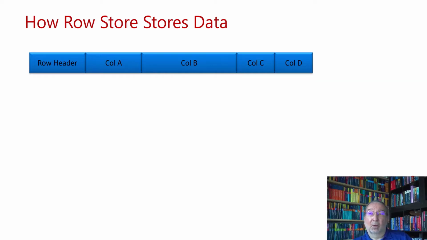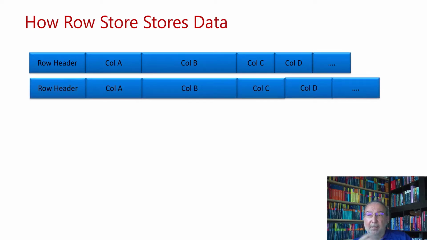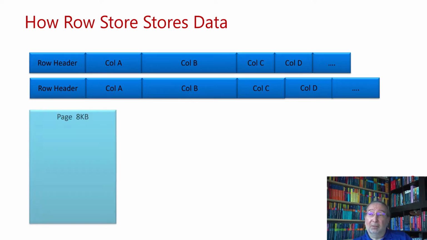Everything that belongs to one row is stored in one block of memory. And then the same goes for the second row. And as you can see here, column C and D are a little bit longer than they were before. And that's how it's stored. So these individual rows are then grouped into pages in SQL Server. A page is 8 kilobytes, uses 96 bytes at the top and a couple of bytes at the bottom to manage the page.